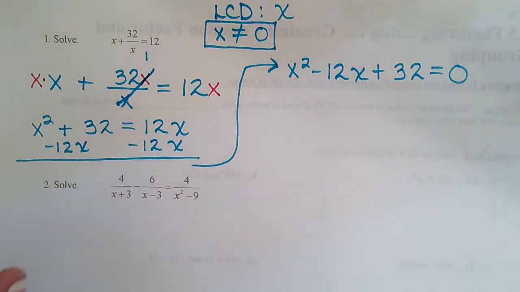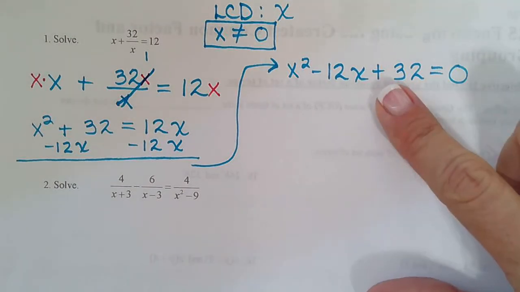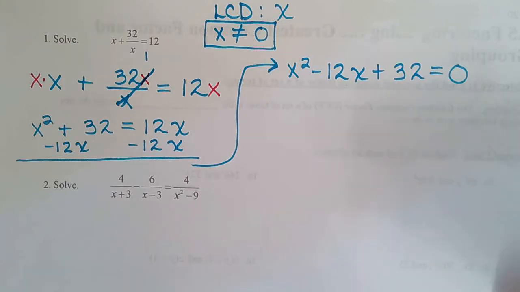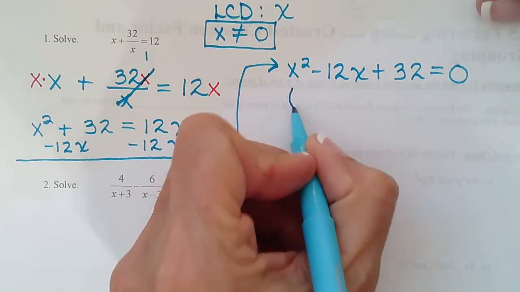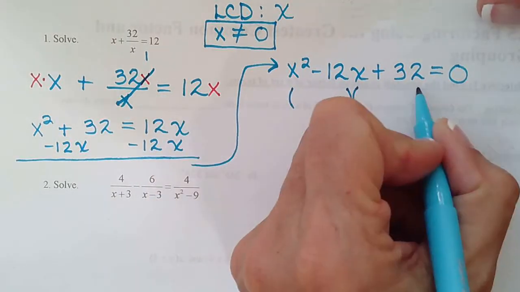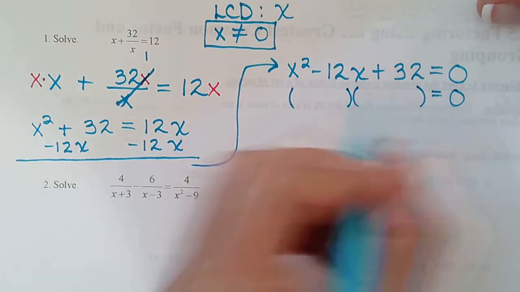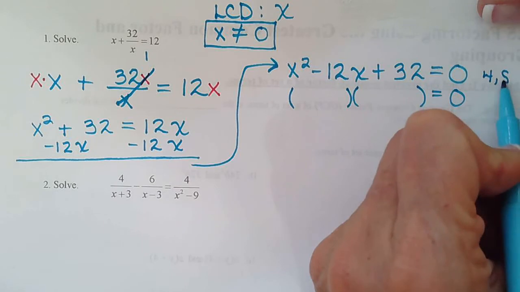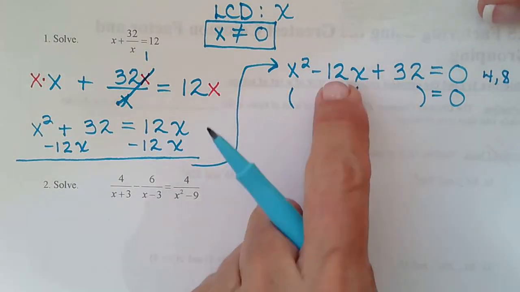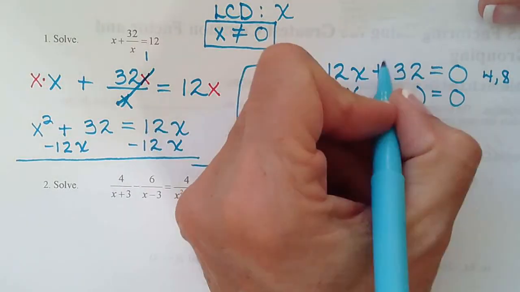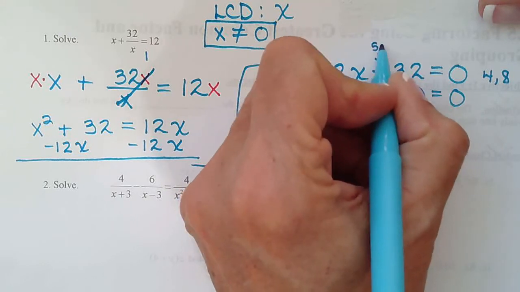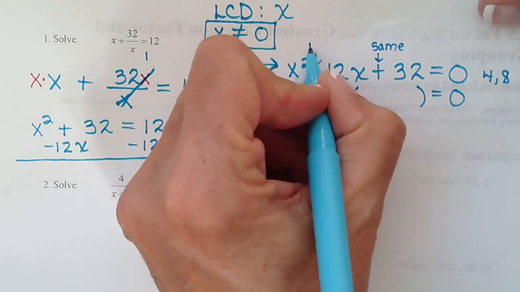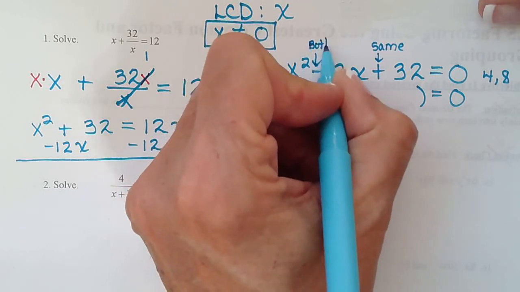Now we're ready to continue on with our section 4.8, which is once you get it set equal to 0, you use one of your factoring patterns, which in this case is going to be double bubble. It's a trinomial with leading coefficient 1. So factors of 32 that add to 12 are 4 and 8. This says the signs are going to be the same, and this says make them both negative.